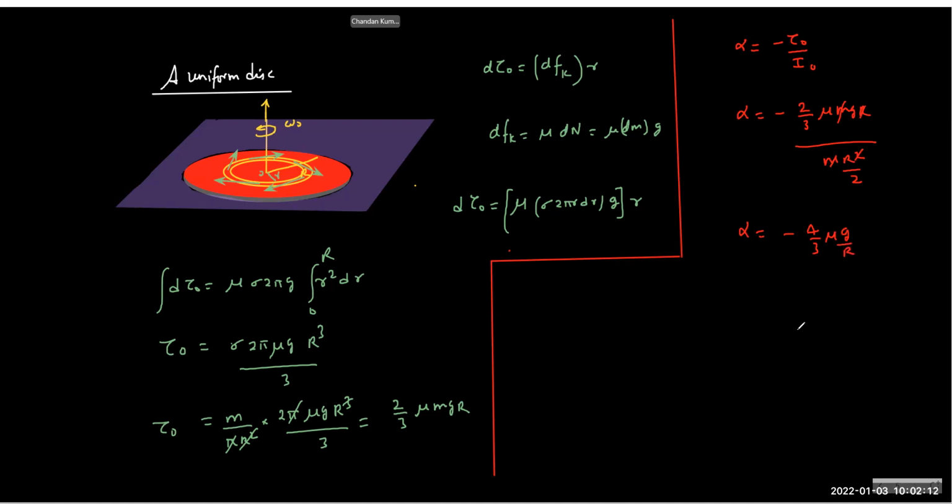Okay, and this is constant. That's interesting. So this is a constant value, and of course it will be constant as long as it is slipping. Therefore you can use the kinematic equation easily. So omega equals omega naught plus alpha t, and alpha is negative, so we can see clearly omega as a function of time t will be this much.